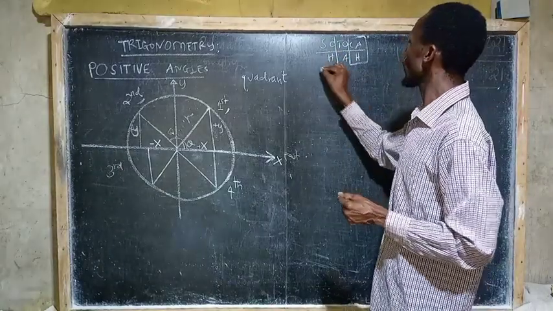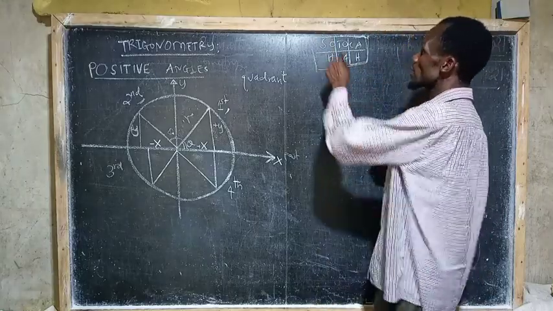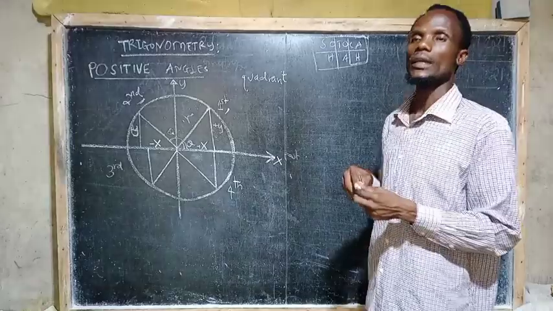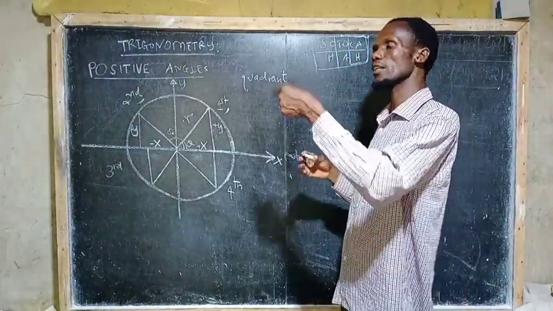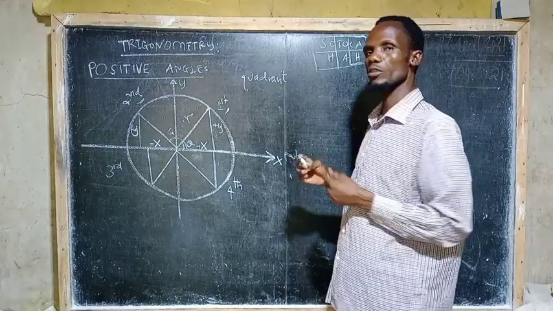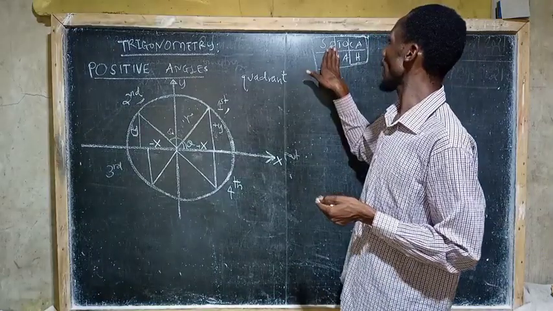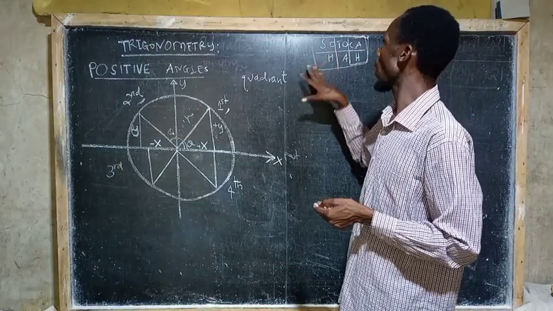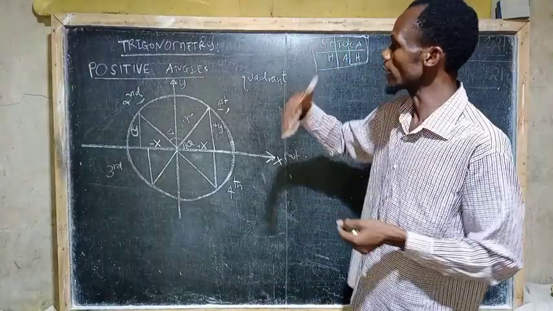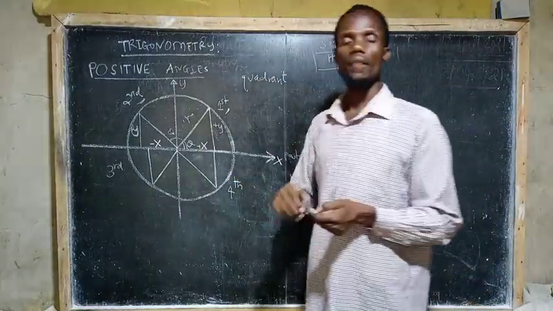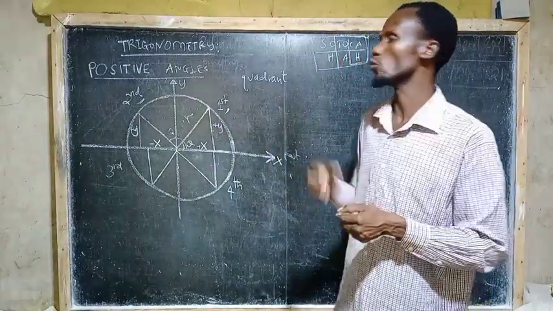For more explanation on how we allocate opposite and hypotenuse to the right angled triangle, you just want to refer back to the video that we learned about trigonometric relation. Ukitaka kujua ni namna gani adjacent, opposite na hypotenuse zinakuwa allocated kwenye right angled triangle, utaangalia video ya trigonometric relation ya form 2.